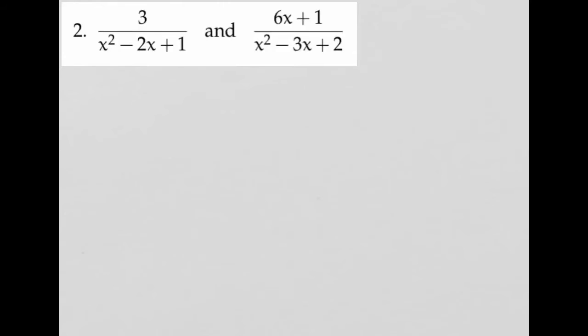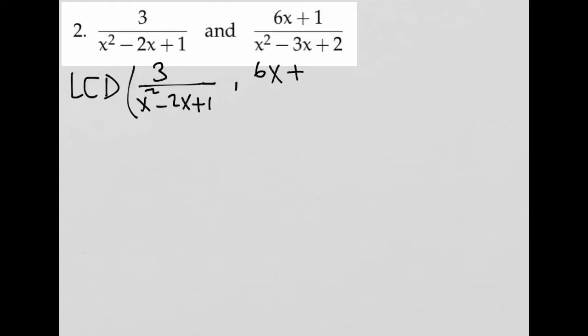Next, let's find the least common denominator of 3 over x squared minus 2x plus 1 and 6x plus 1 over x squared minus 3x plus 2. So we're looking at the LCD of 3 over x squared minus 2x plus 1 and 6x plus 1 over x squared minus 3x plus 2.